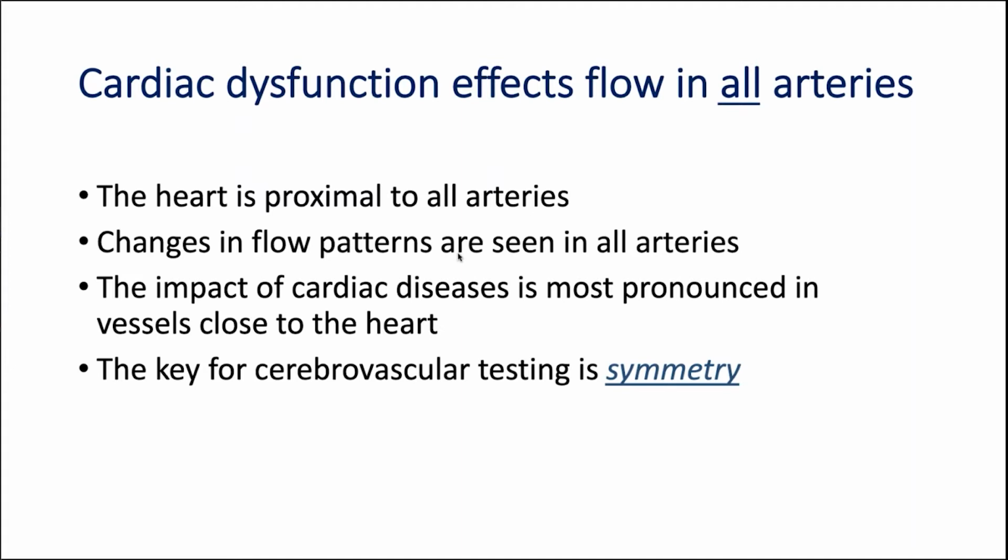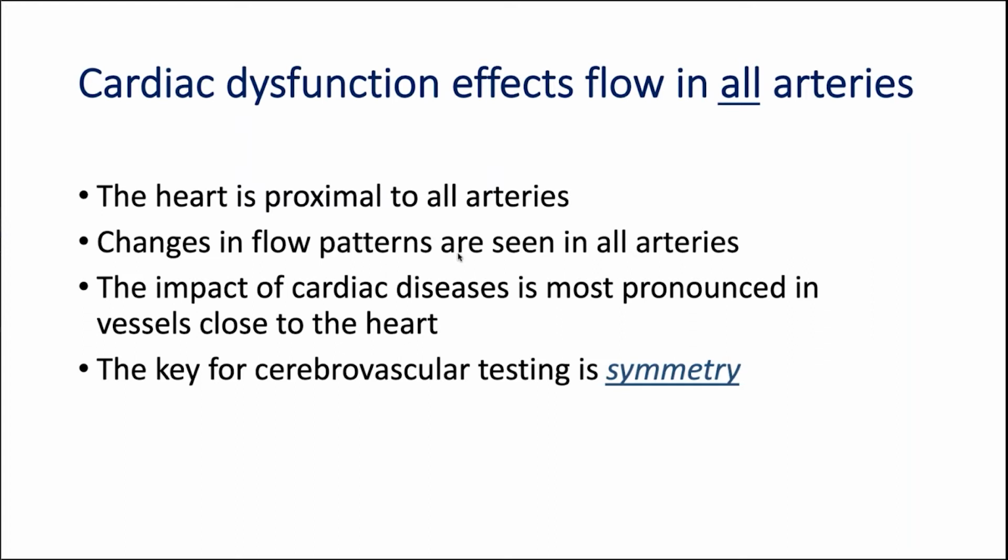Recall that the carotid and vertebral arteries are approximately 15 to 20 centimeters from the aortic valve, and so it's likely that the diseases of the heart will produce significant identifiable changes in these blood vessels. The key to identifying the cardiac etiology for flow pattern changes or abnormalities that we see is symmetry.